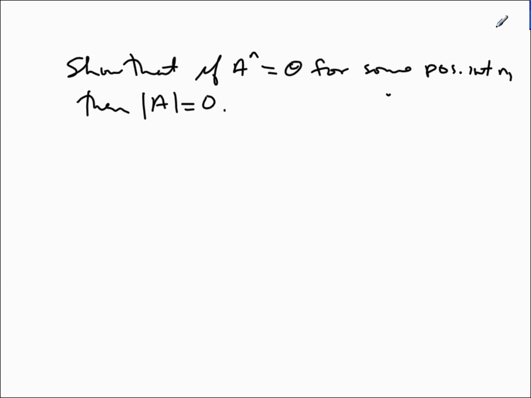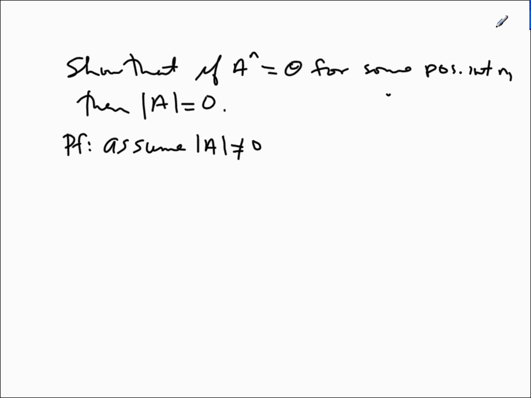So there's two things that we could assume. We could assume the determinant of A is 0, or the determinant of A is not 0. If we assume the determinant of A is 0, we're done. So proof. Assume the determinant of A is not 0.